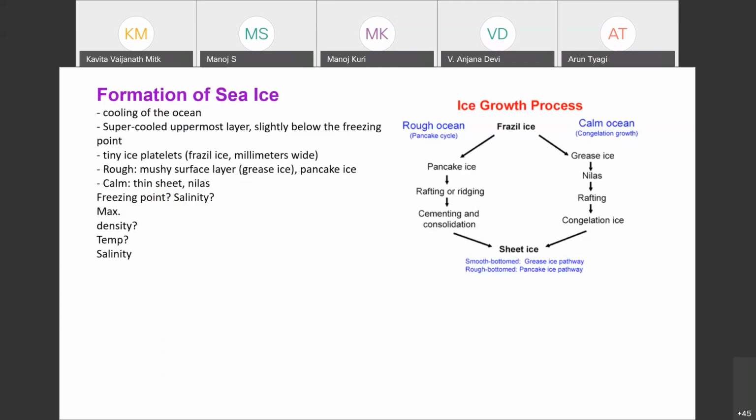So you can see, first, if the ocean is rough, then the fragile ice, a very smooth kind of ice, converts into pancake ice. Then due to rafting and dredging, this pancake ice converts into rafted pancake ice, and then due to cementing and consolidation, this pancake ice may convert into the cemented pancake ice.